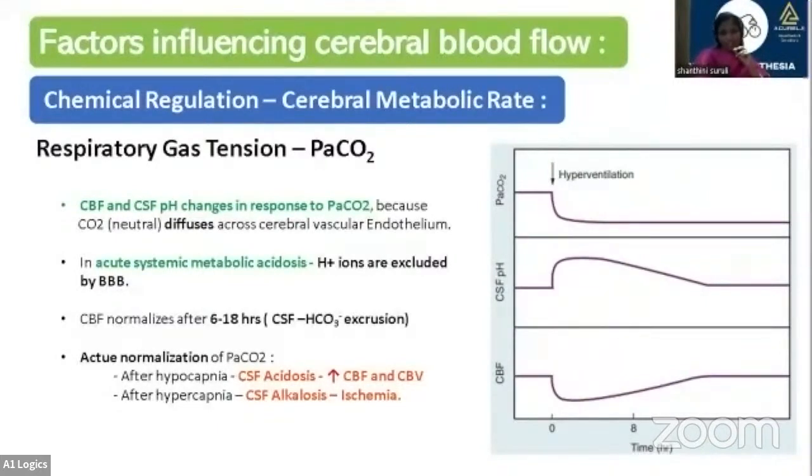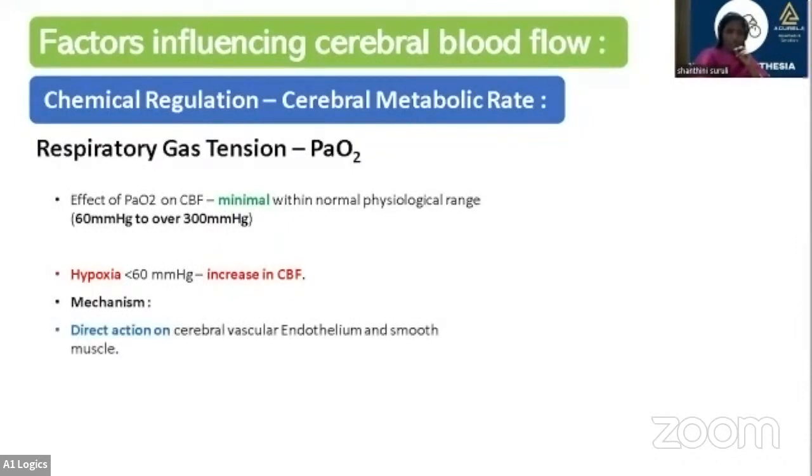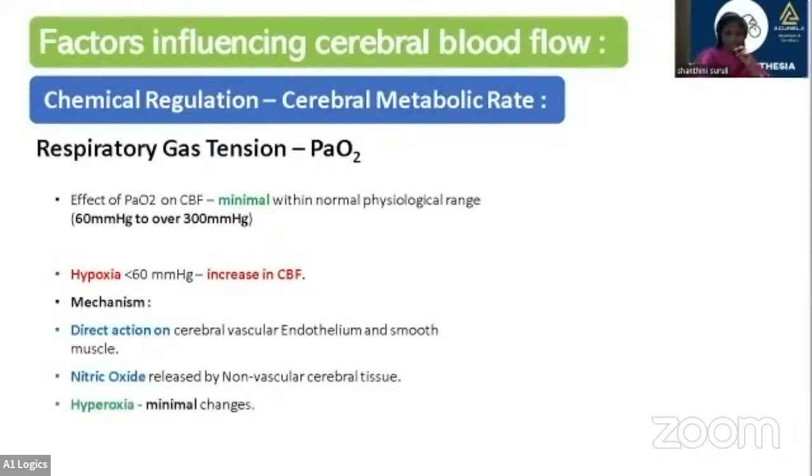After a hypercapnia, if you acutely normalize PaCO2, it results in CSF alkalosis and ischemia. PaO2 has a minimal influence on cerebral blood flow, but when it is less than 60 mmHg, it increases the cerebral blood flow by direct action on the cerebral vascular endothelium and smooth muscles and also the nitric oxide released by the non-vascular cerebral tissue.